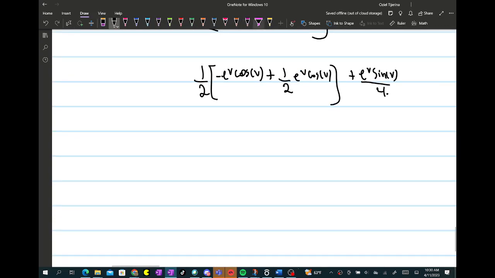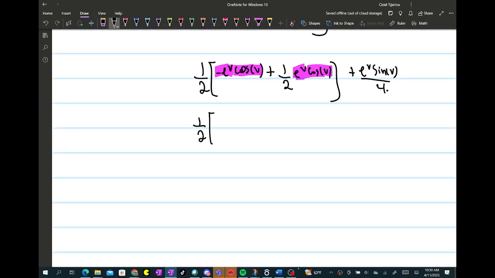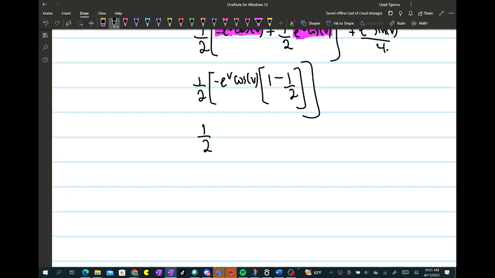So then what I'm going to do here is factor out e to the v cosine of v. So 1/2 times negative e to the v cosine of v times 1 minus 1/2. And then we have negative 1/2 times negative e to the v cosine of v times 1/2.